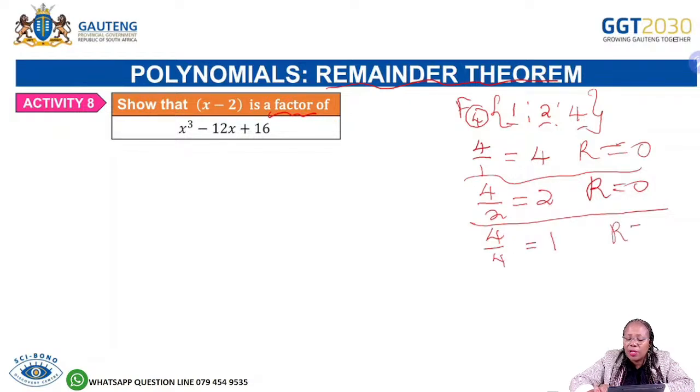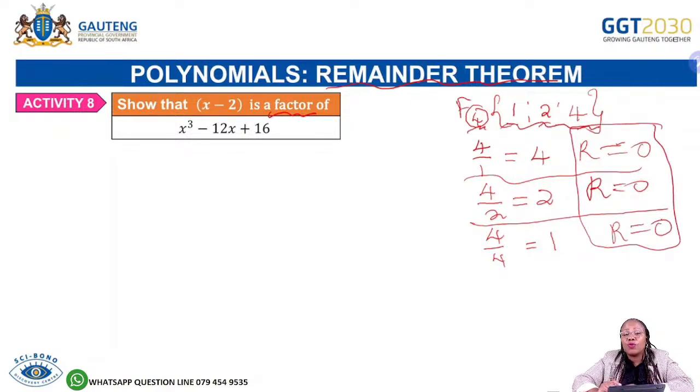Do we have a remainder? Remainder is 0. That is why they are saying these numbers are the factors of 4, because they give you remainder 0. So any number that you take and divide a factor into, the minute it gives you a remainder of 0, you must know that that divisor is a factor of that dividend.